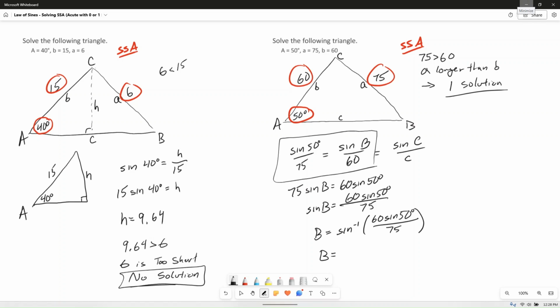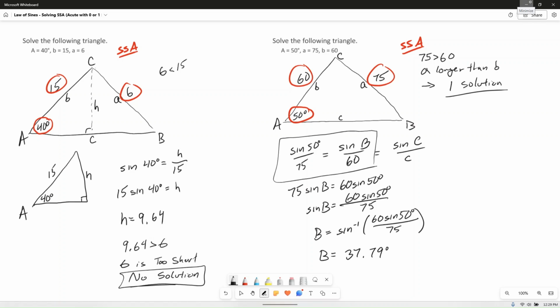And again, that's something that we're going to go to our technology to use. So the inverse sine of 60 times the sine of 50 degrees over 75 gives us an angle B of 37.79 degrees.